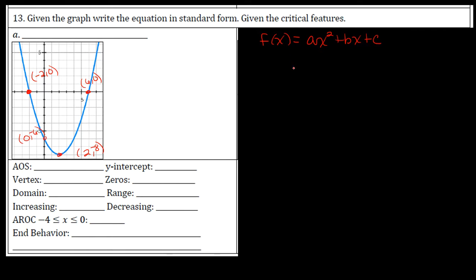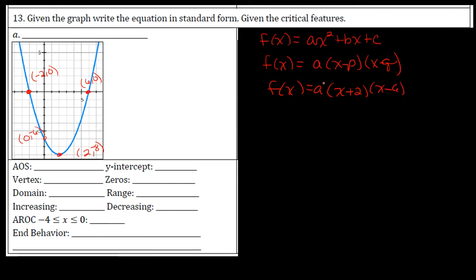I'm going to convert it to standard, but first I am going to use factored form. So I have x minus negative 2, and I have x minus 6. I'm going to use my y-intercept as my other point to find my a.